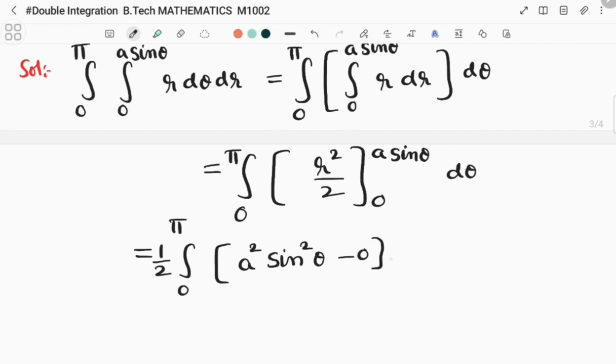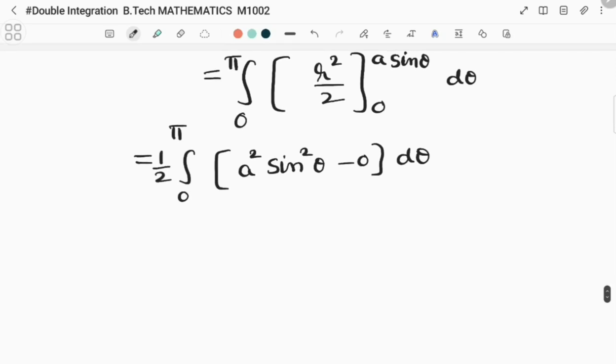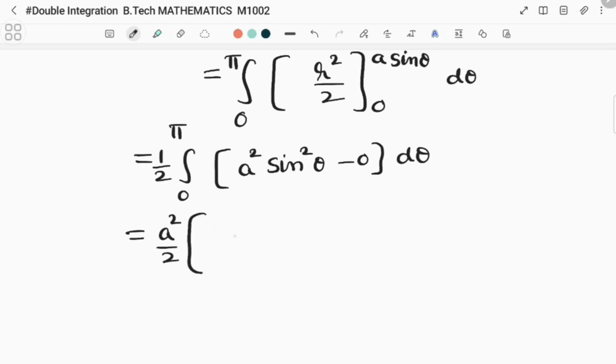So a square by 4, integral d theta is theta, applying the limit 0 to pi, minus integral cos ax is sin ax by a. Your doubt will arise, so one more formula I will write for your convenience: integral cos ax dx is equal to sin ax by a.